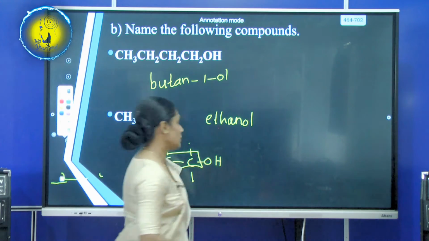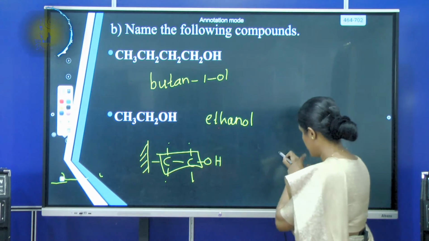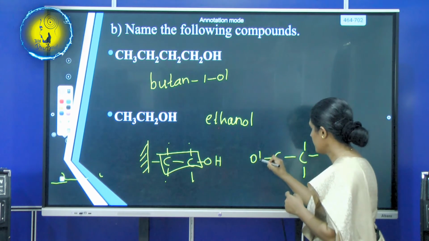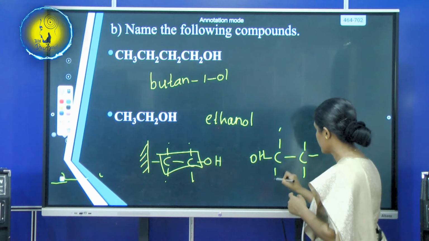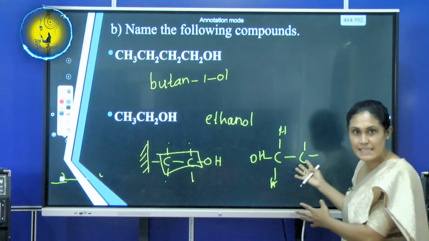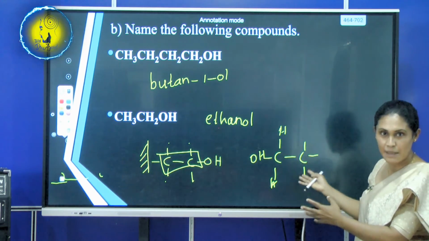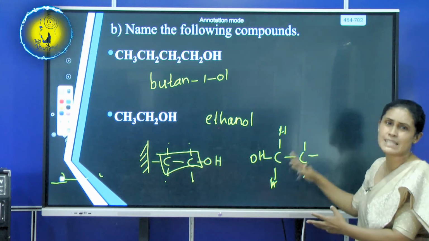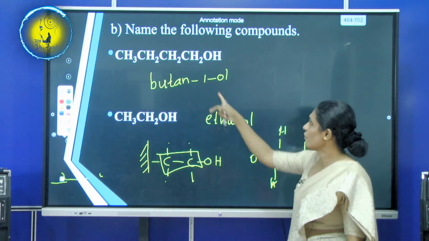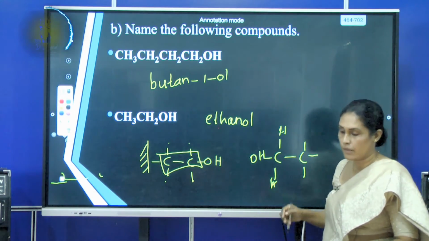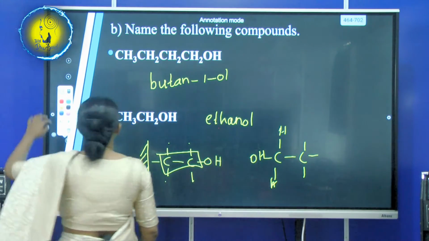If you write the OH bond on the other side, you will get the same structural and displayed formula once again. That is the reason why we are not writing a number here. Okay, right.